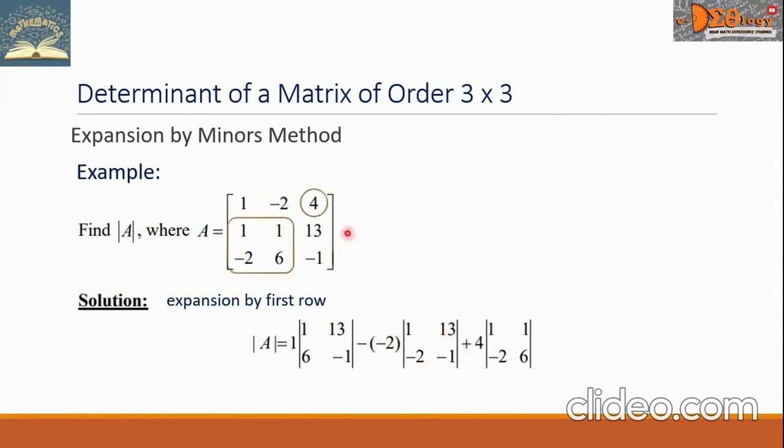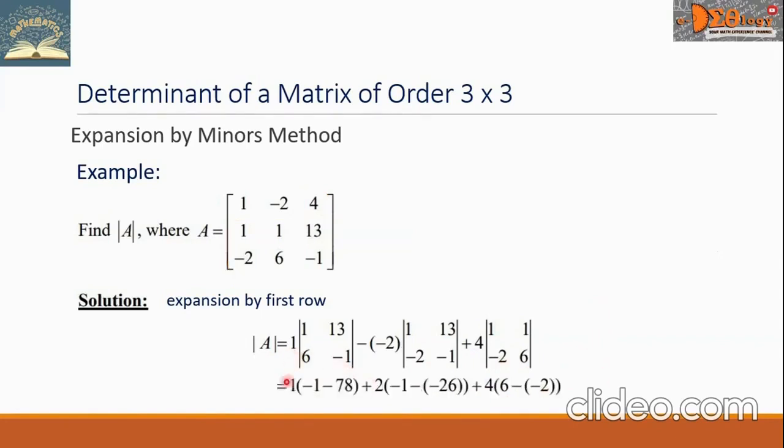Plus the element 4 multiplied by the determinant of the square matrix 1, 1, negative 2, 6, respectively. Then let us simplify the corresponding determinants.